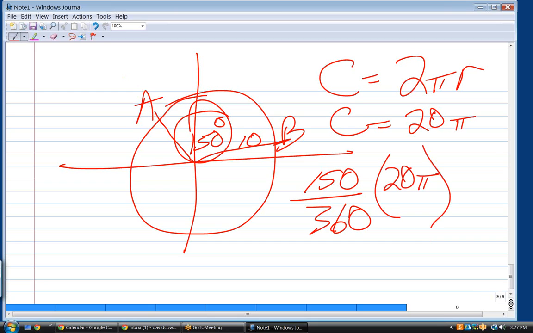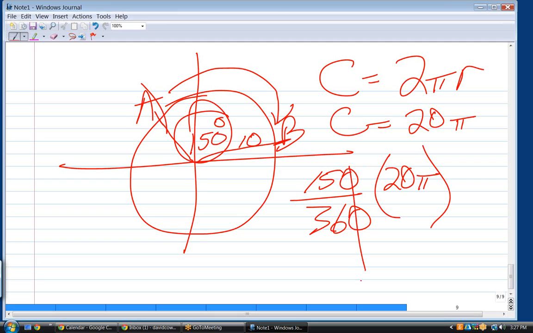In other words, this arc length from there to there is 150/360 of 20 pi. If this was a 360-degree angle, we'd be talking about the entire circumference, which is 20 pi. But the fact that it's a 150-degree angle means we're only talking about 150 over 360 times 20 pi.